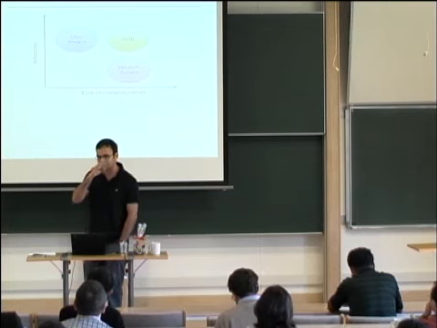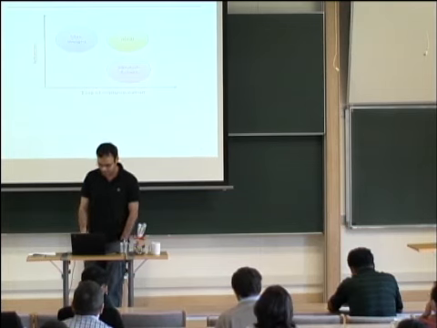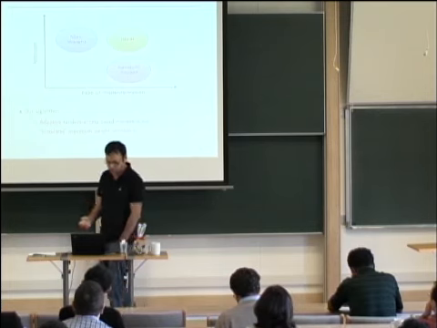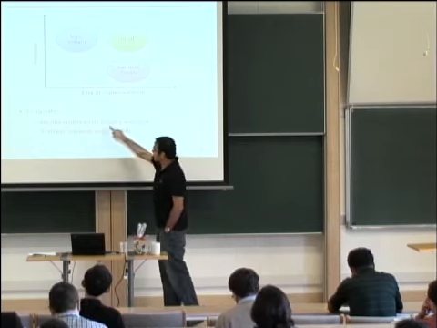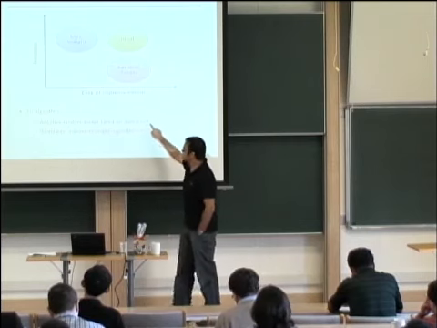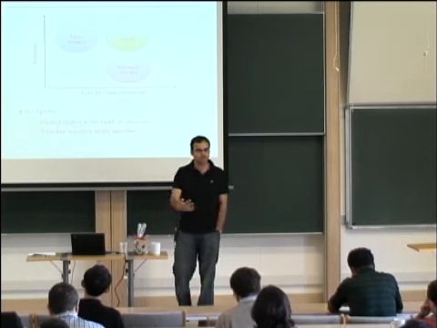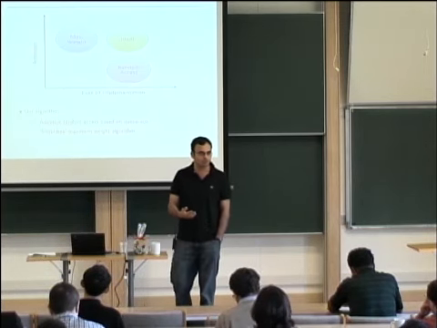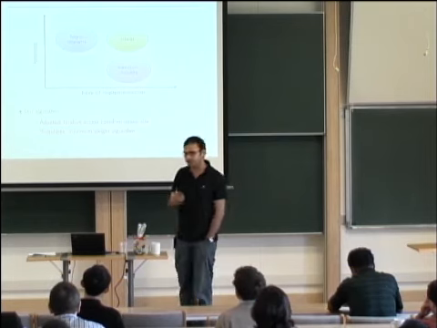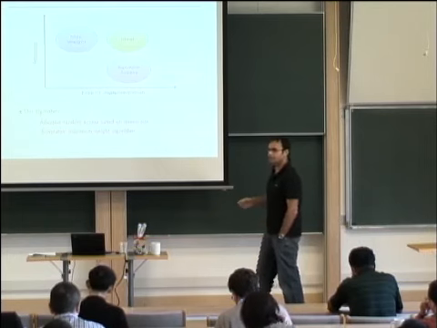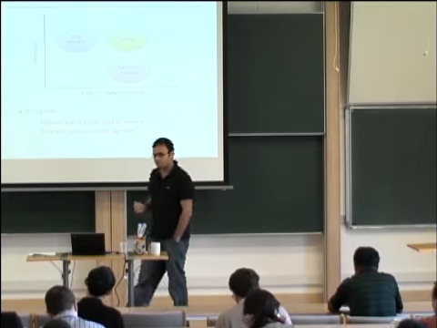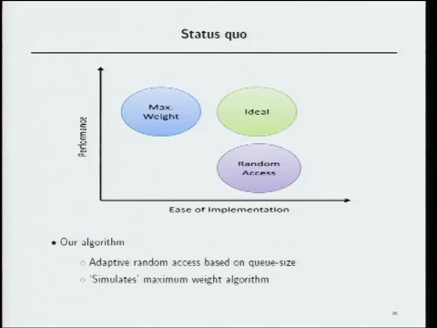So what we want is something which is the best of both worlds. And here is an ideal solution, at least I like to say that. I would like to have an adaptive random access based algorithm that uses queue sizes, but in effect ends up simulating or performing like max weight. If that happens, that will be very nice, and in some sense, that's what we are trying to do, and that will be our algorithm. All right, so now I'm going to tell you my algorithm.